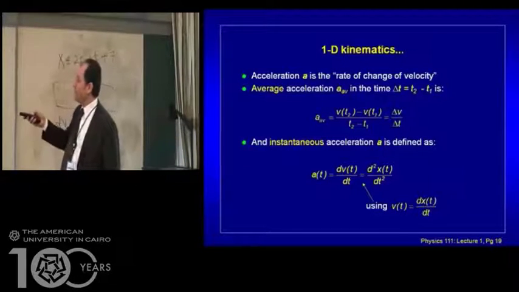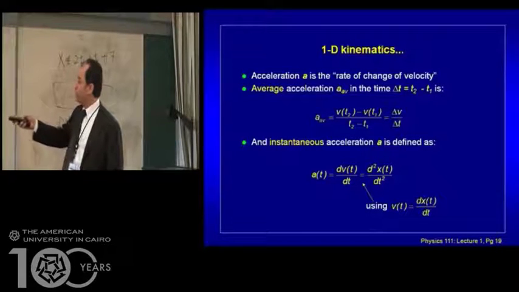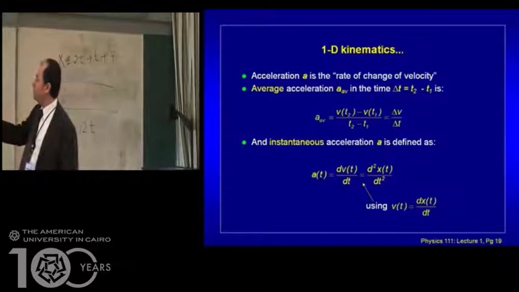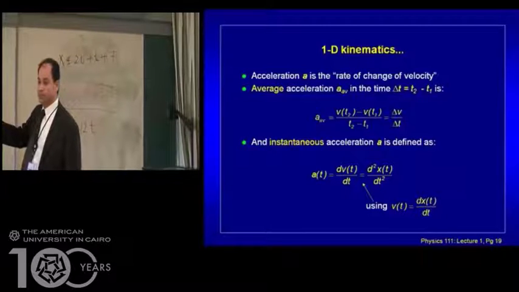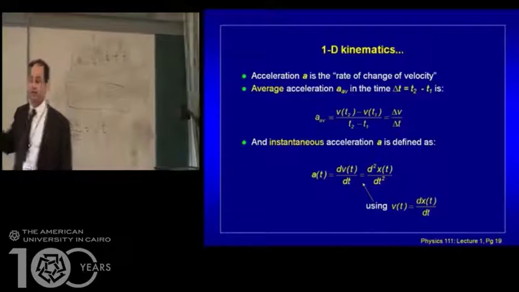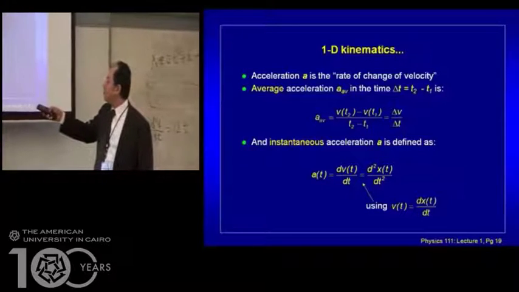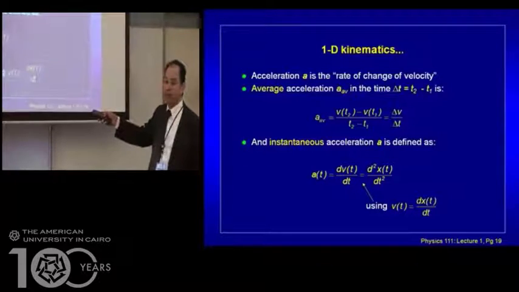Now we know what is acceleration, instantaneous acceleration. We can write it that way. It's dv by dt. Or we can write it that way. That's how we read it: the second derivative of x with respect to time.